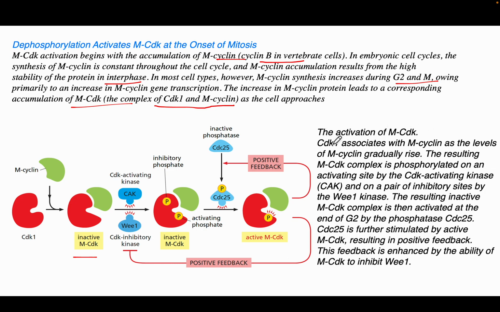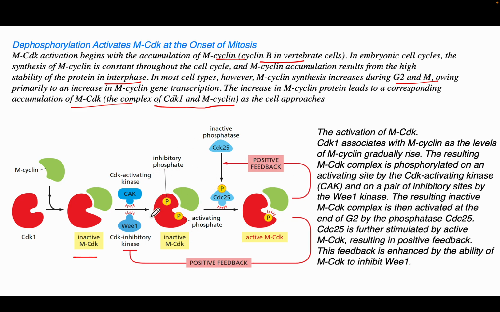So for the activation of MCDK, CDK1 associates with M cyclin. As the levels of M cyclin gradually rise, the resulting MCDK complex is phosphorylated on an activating site by the CDK activating kinase, and on a pair of inhibitory sites by the Wee1 kinase.